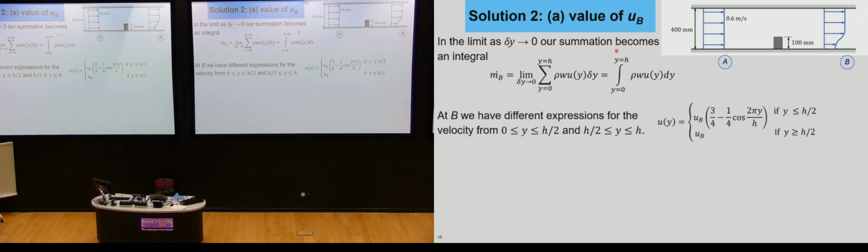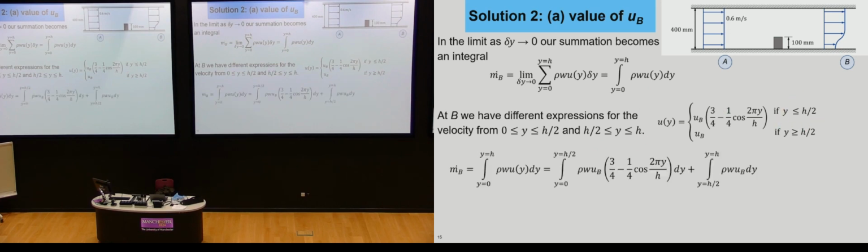So we're going to split the integral up from 0 to h upon 2 and then from h upon 2 to h. So here is our integral, our mass flow rate at B, integrated in a general form from y equals 0 to y equals h. We then integrate from 0 to h upon 2 for the cos function part, and then from h upon 2 to h for the constant part.